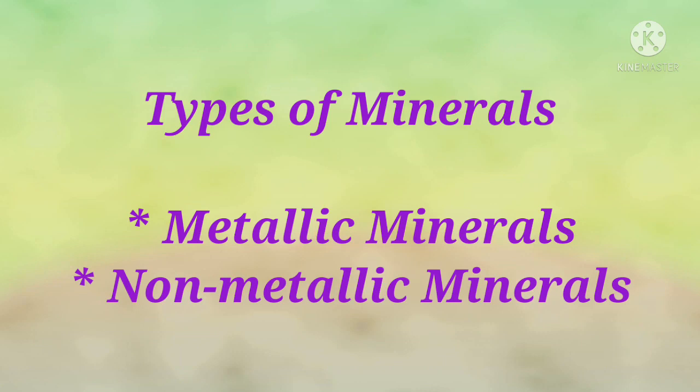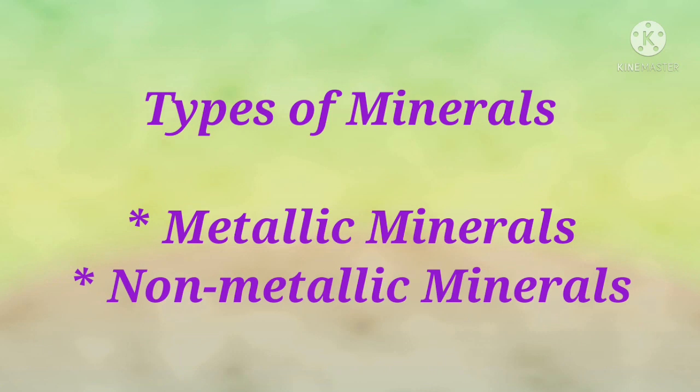Metallic minerals contain metal in raw form. See, metals are hard substances which are good conductors of heat and electricity. For example, iron ore, bauxite, manganese.